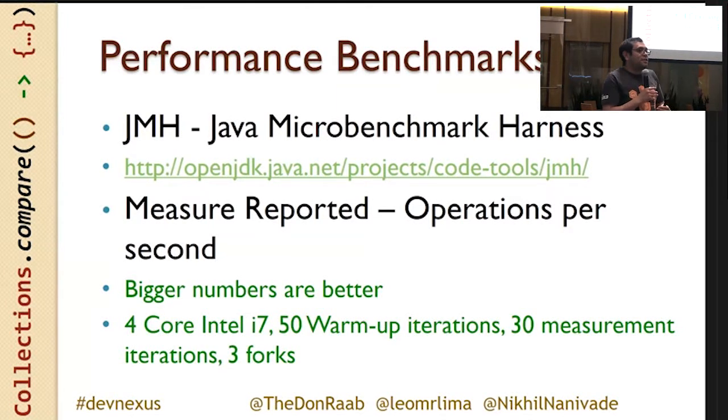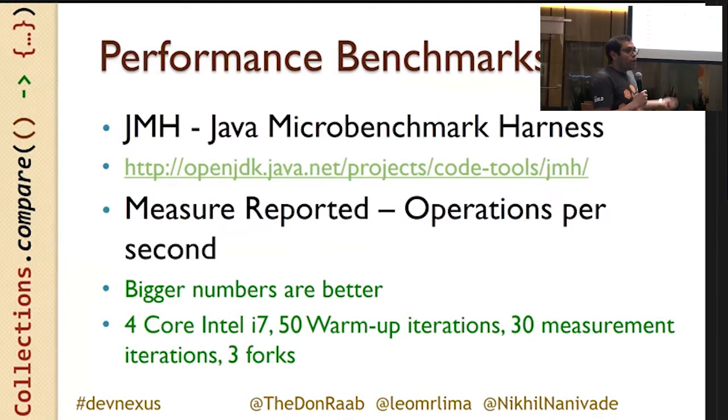It reports measures in terms of operations per second or time per operation. There are 4 or 5 different ways in which it can measure, and 4 or 5 different ways in which you can run it. We are running it such that the measures reported are operations per second. So essentially, the higher the number the better, because that means you're performing more operations in 1 second.